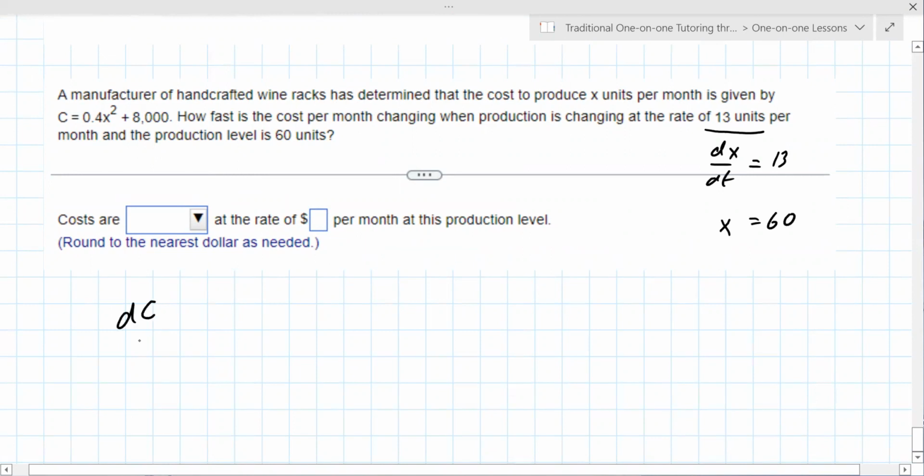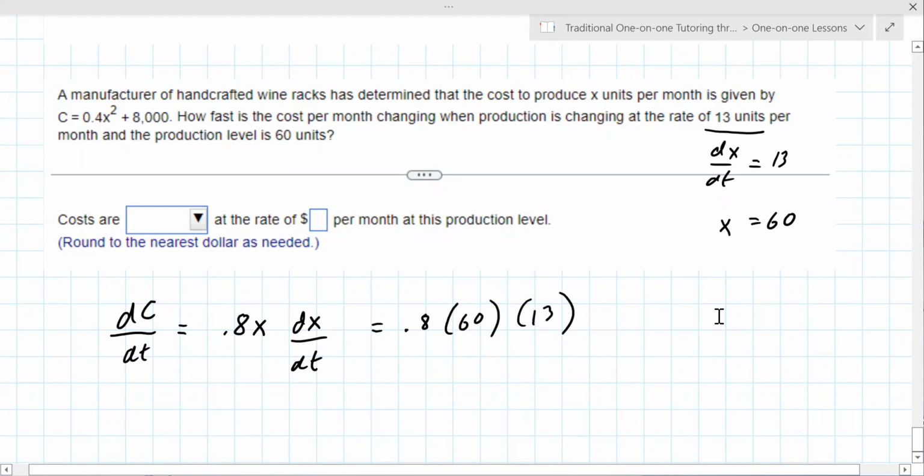So it's dc/dt, this implicit derivative, 0.8x dx/dt, and the derivative of 8,000 is 0. So you're just plugging in these numbers: x is 60, dx/dt is 13, and we'll get a number out. These are much easier. So 624, that's this number here. Because it's positive, it's increasing.